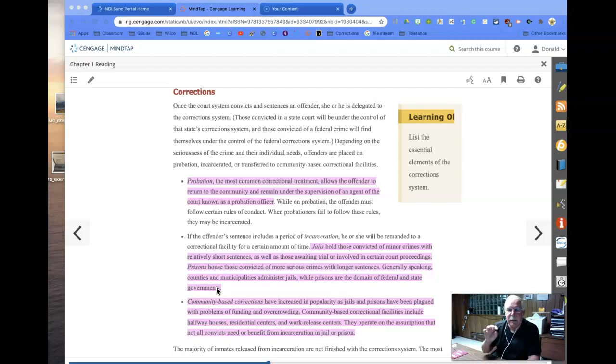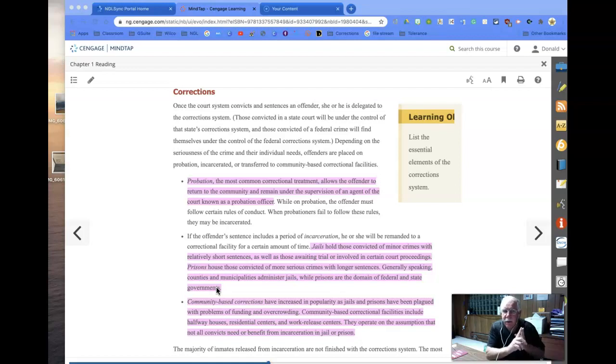It's a community, if you will, in and of itself. So jails, short-term, prisons, long-term. Short-term being less than a year, long-term being longer than a year. Jails also hold those people who are in custody awaiting trial, who cannot bond out, post a bond if they were issued a bond by the judge after they were arrested. And we'll explore that deeper later on in our chapter.